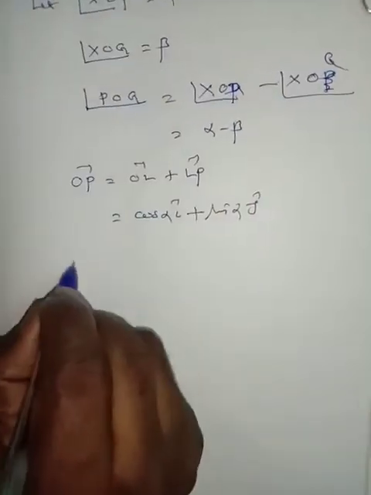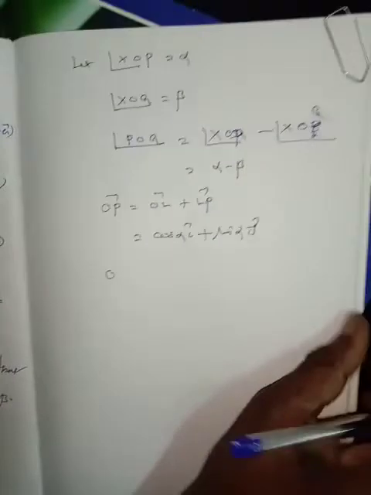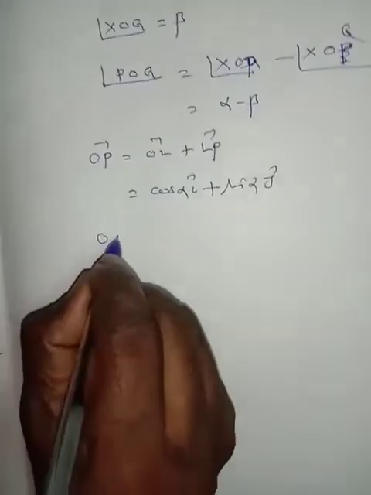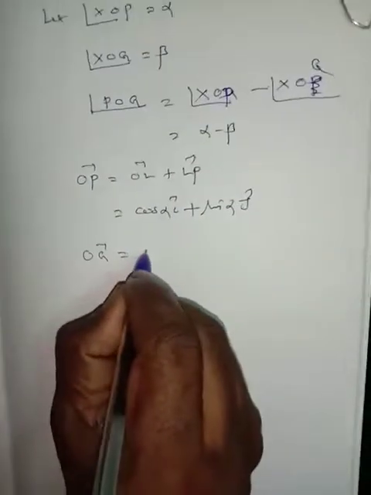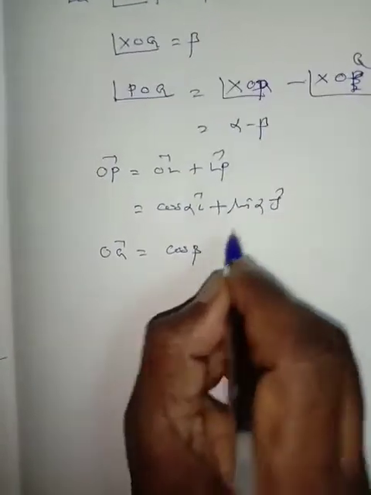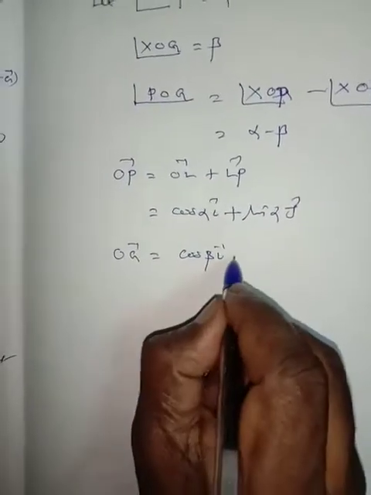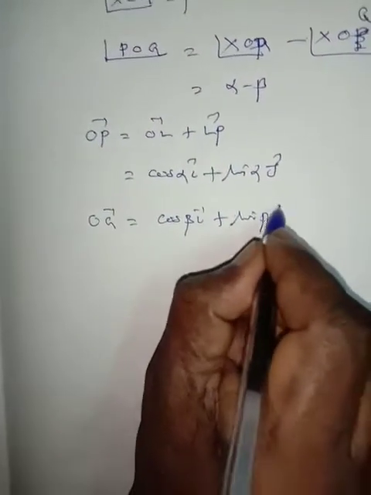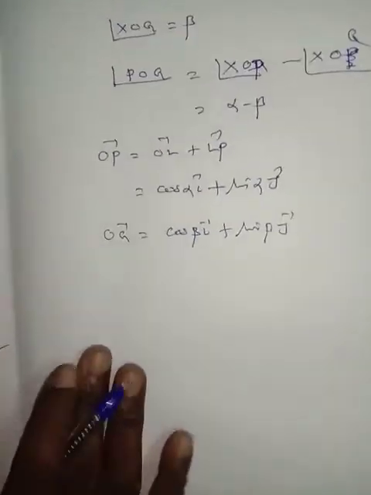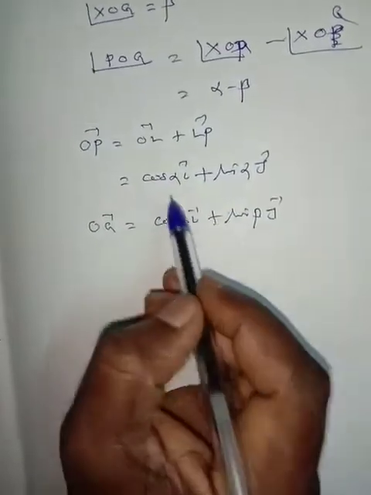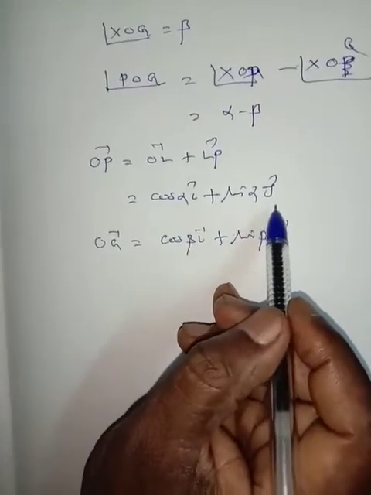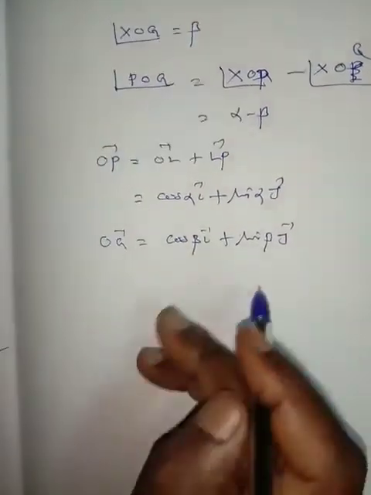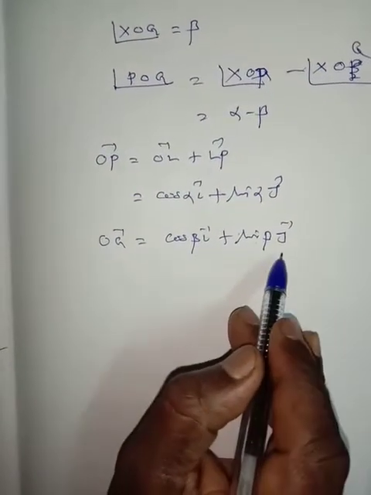OP vector is cos alpha i vector plus sin alpha j vector. OQ vector is cos beta i vector plus sin beta j vector.